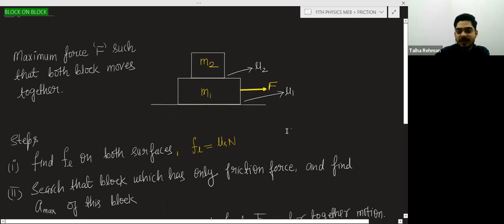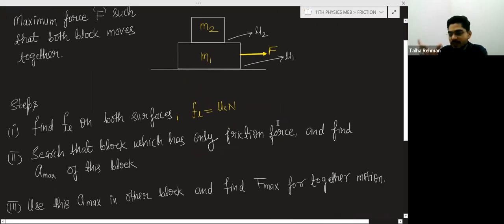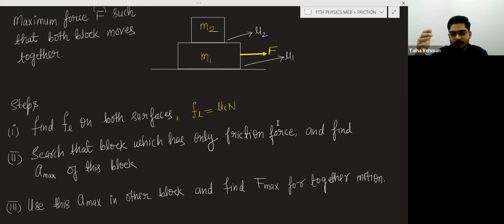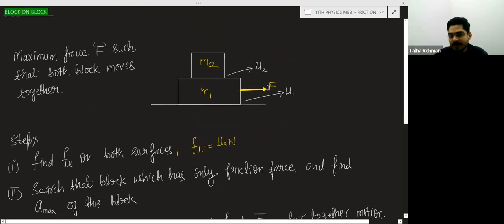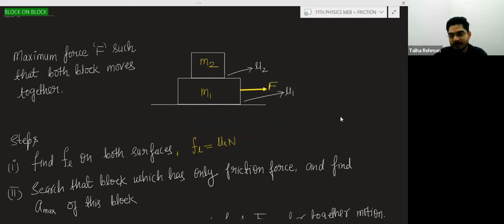That will be the maximum acceleration because we are interested in calculating the maximum value of the applied force. Now you have calculated the maximum acceleration. After that, you will use this maximum acceleration in the force equation of the other block, and you will get the value of the force F. So we will see how this works with the help of a question.